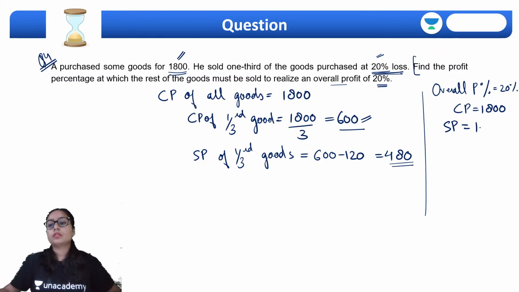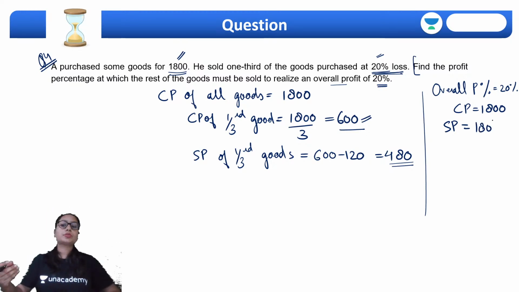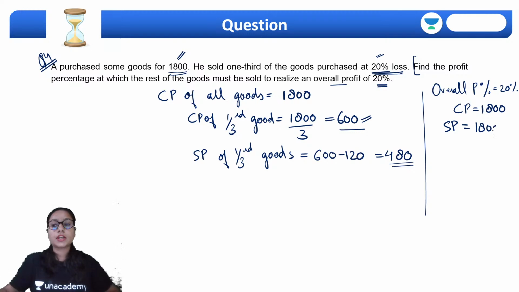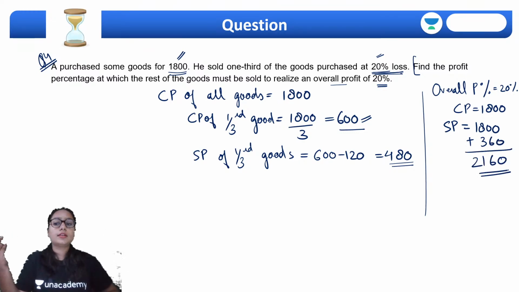So selling price is cost price plus profit. So 1800 plus 20% of 1800, that is 360. So I will get 2160 as the overall selling price. Now, the selling price of 1/3 goods is 480.